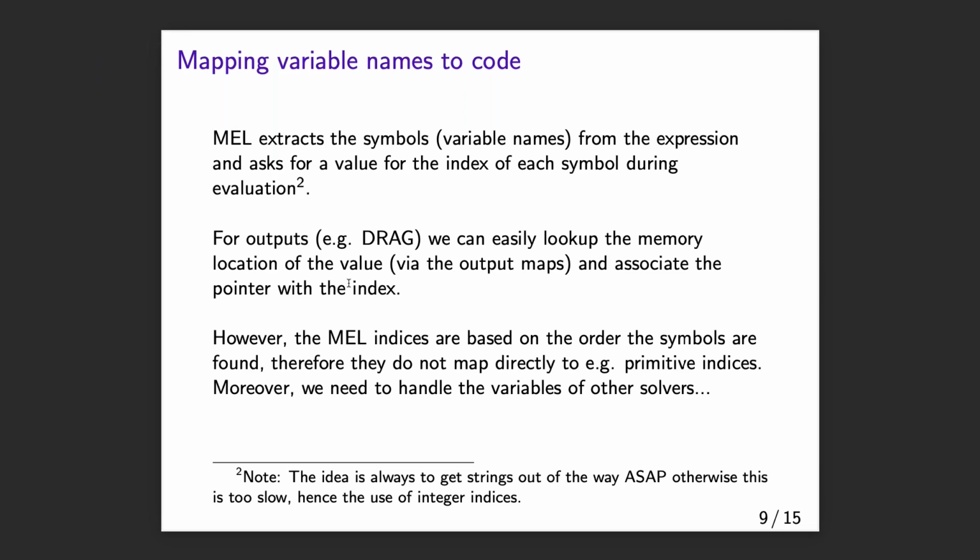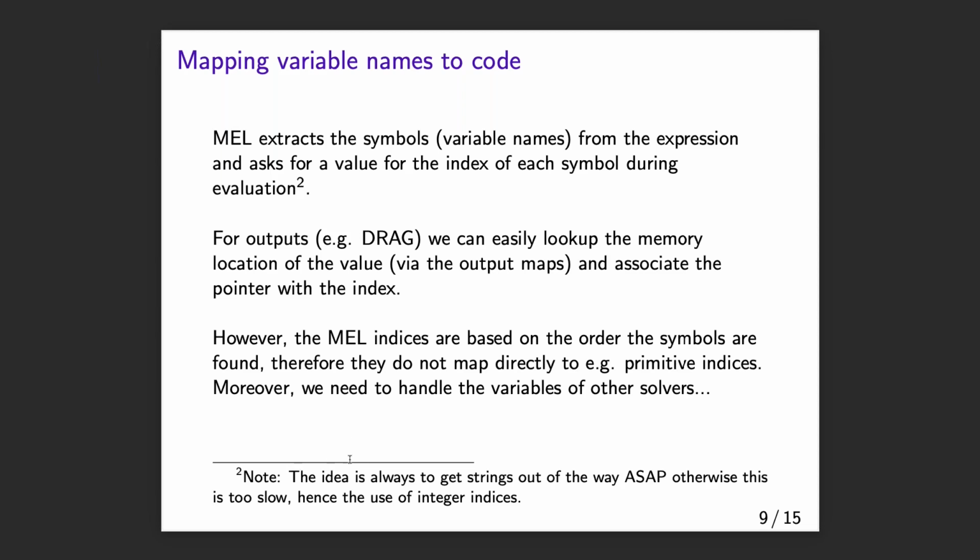However, we don't have a functionality like that for solver variables, and these indices are based just on the order that the symbols are found in the expression, and so they do not map directly to the primitive indices or the indices of variables of other solvers. And we also need to handle variables of other solvers.